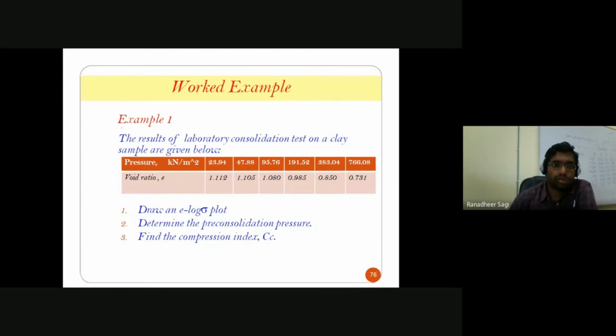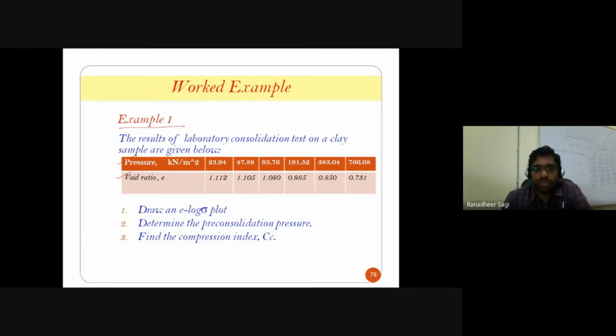One problem mentioned here: the following are the results obtained from a laboratory consolidation test conducted on a clay sample. The pressure applied on the soil sample is given, and the corresponding void ratio existing in the soil sample is given. For a stress of 23.94 kilopascals, the void ratio at the end is 1.112.